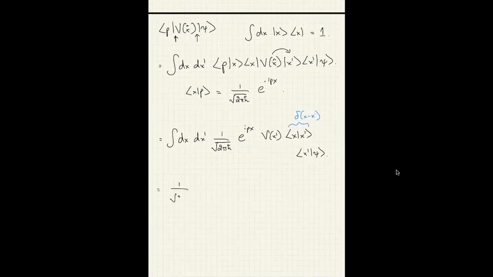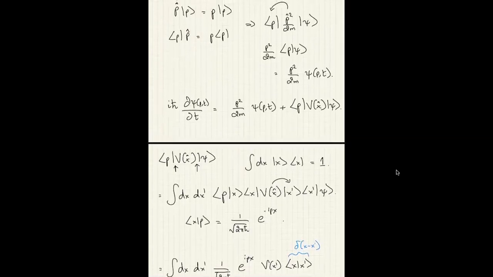So I can write this as 1 over square root of 2 pi h bar, integral dx e to the minus ipx over h bar. This delta function forces x prime to be the same as x. So I can write this as V of x, and the overlap <x|psi> is basically the wave function psi of x.